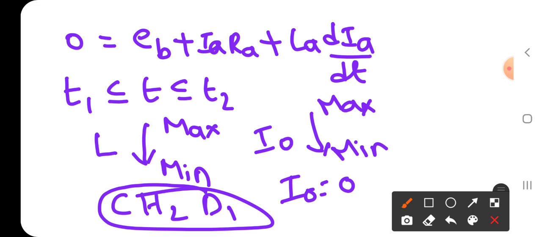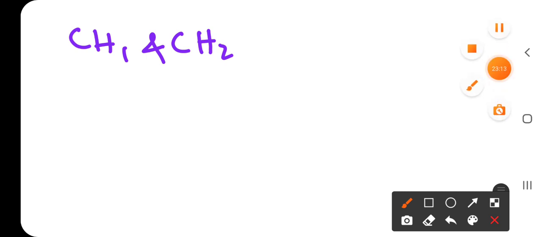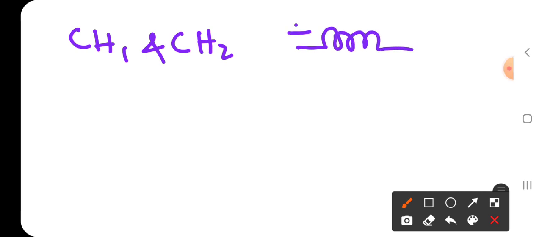So first, what I have done is I turn on CH1 and CH2. First I turn on the two choppers, that is CH1 and CH2. Then the inductor stores the energy. The current flows like this, and the current will be increased from 0 to maximum.